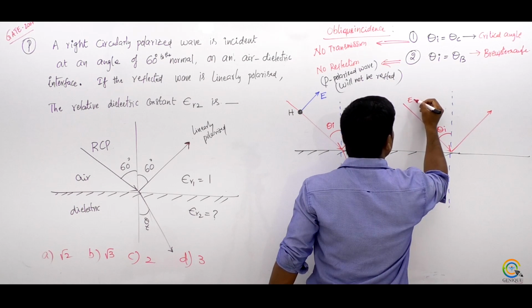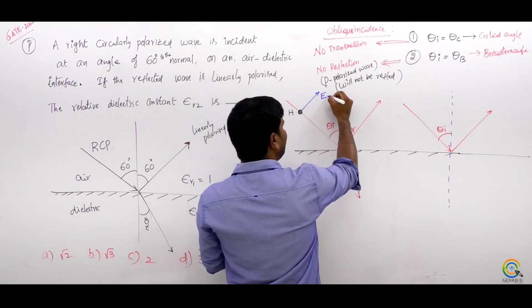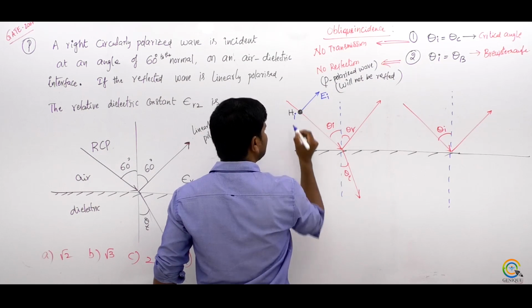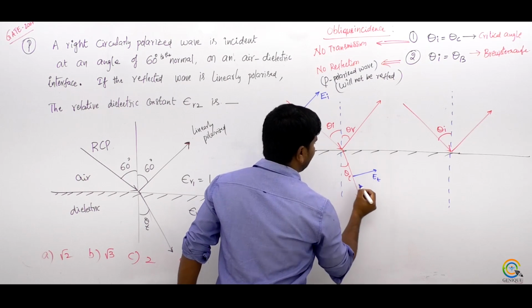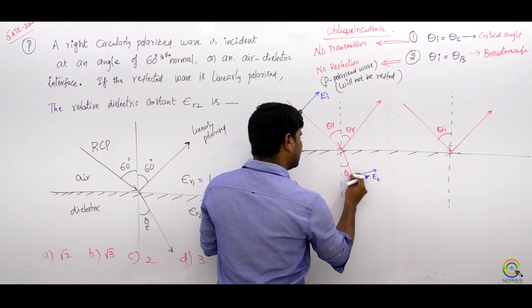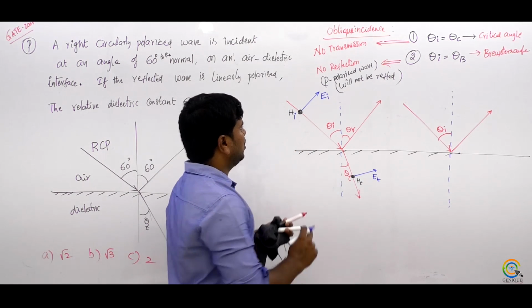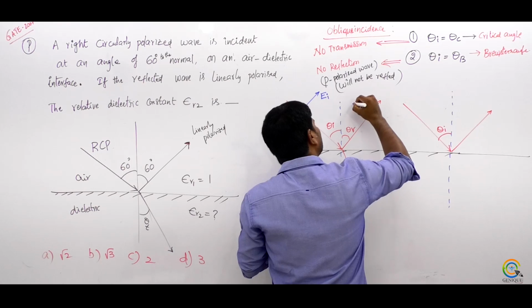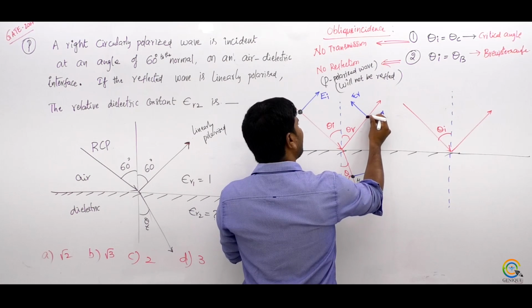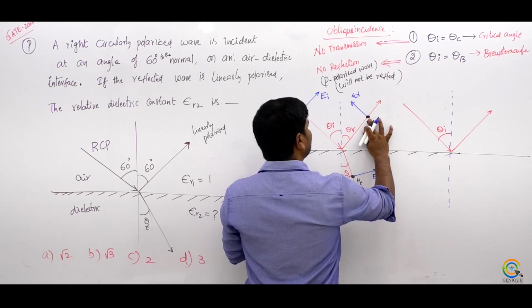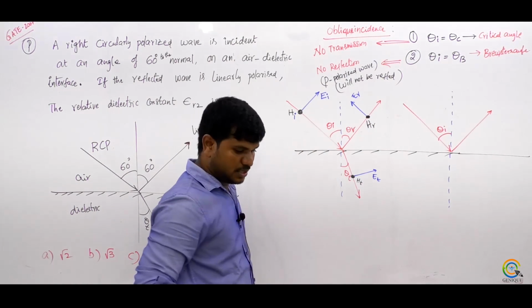This is EI, HI, this is ET, HT, and this is ER, HR. So this is one case for the oblique incident.